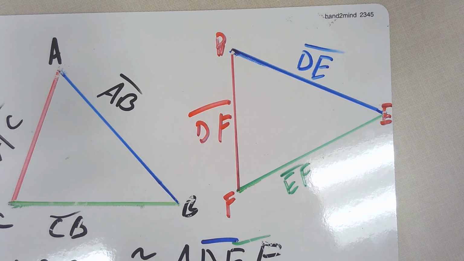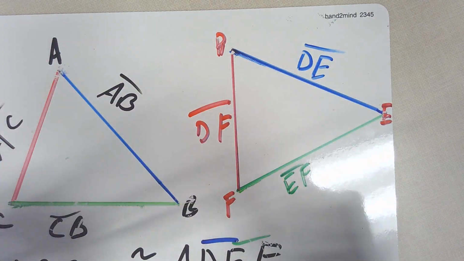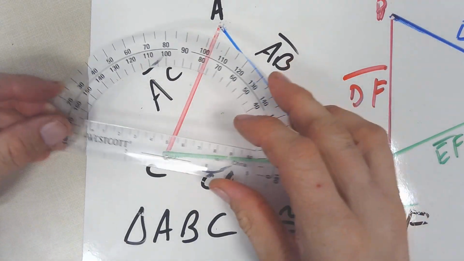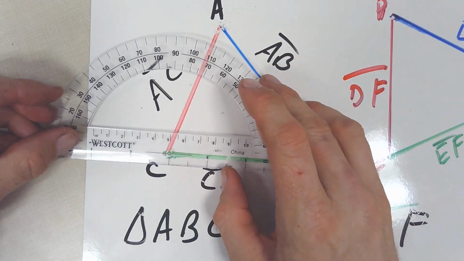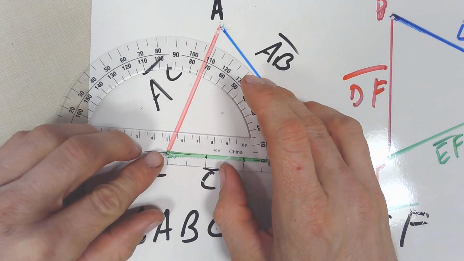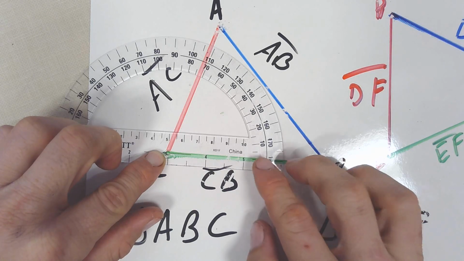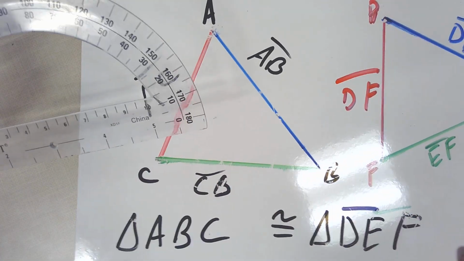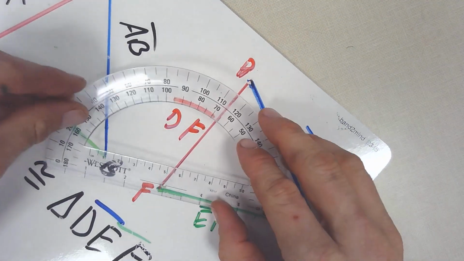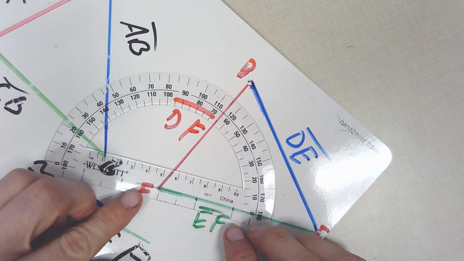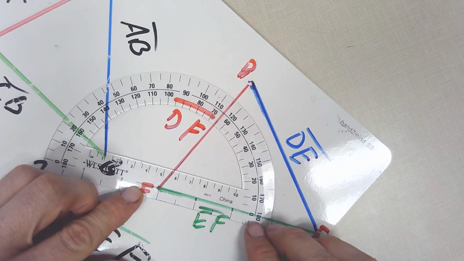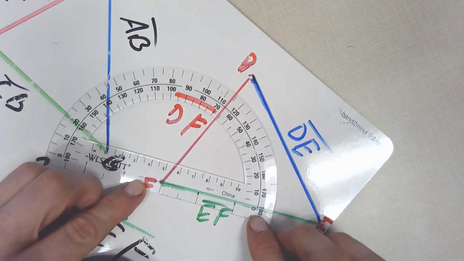But in order for two figures to be congruent, you need to know that the line segments are congruent, that they're the same length. You also need to know that the angles are the same measure, right? So if I measure this angle here, it's about between 70 and 75. That was green-red, sorry. This angle here is also between 70 and 75.